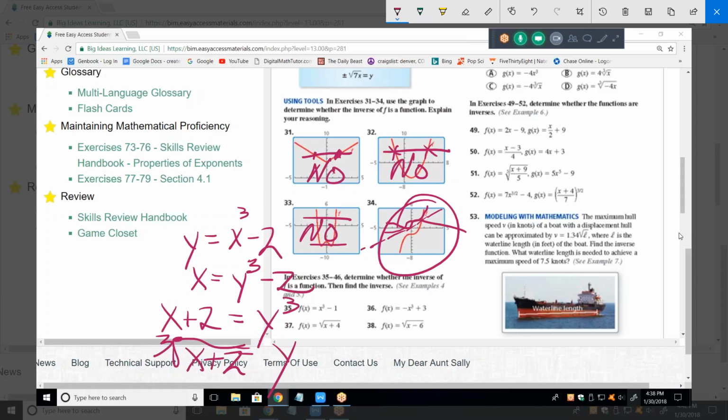If I just did it point by point, I could do it because this line is the same distance from that diagonal as this point is. So to draw an inverse, you can just do it that way. Just find point by point and connect the dots and you'll have the curve. But it turns out that that is a function. For every value of x, there is only one value of y.